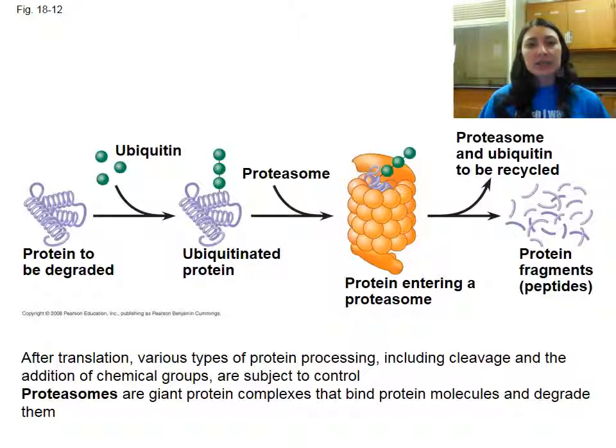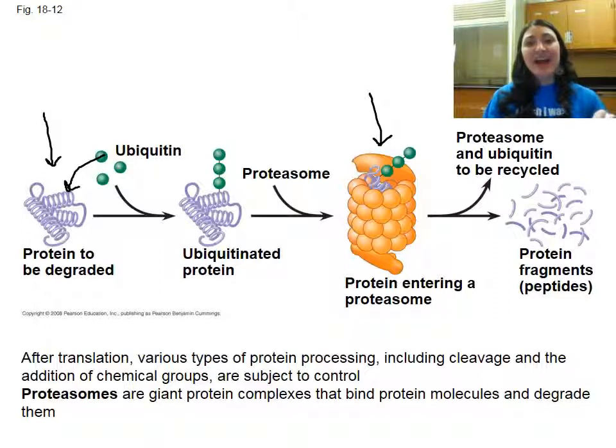And to do this, we need a proteasome. This little orange trash can looking guy is your proteasome, which is a giant protein complex. It's going to bind molecules and degrade them. If you have a protein that is no longer needed, you don't need this enzyme to be functioning, it gets tagged with multiple molecules of ubiquitin.